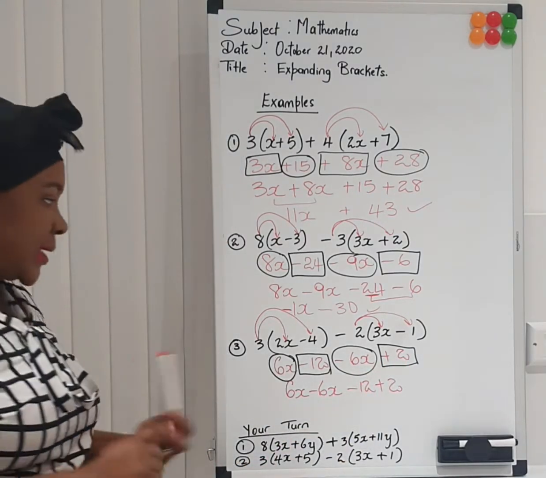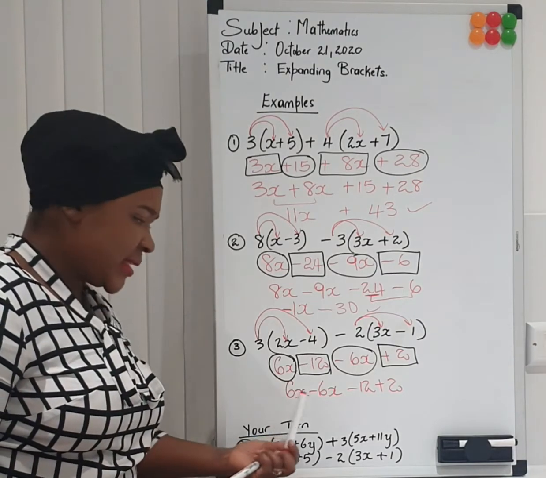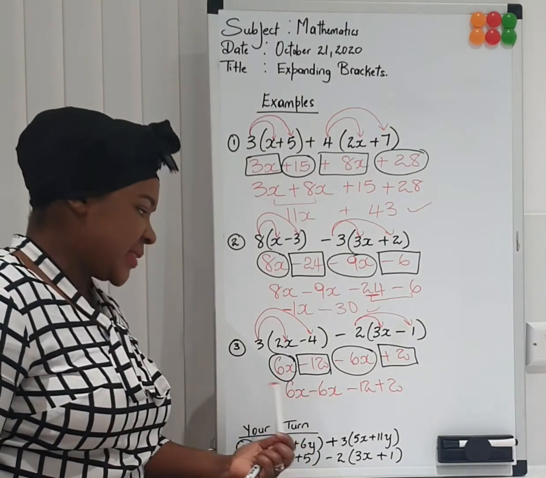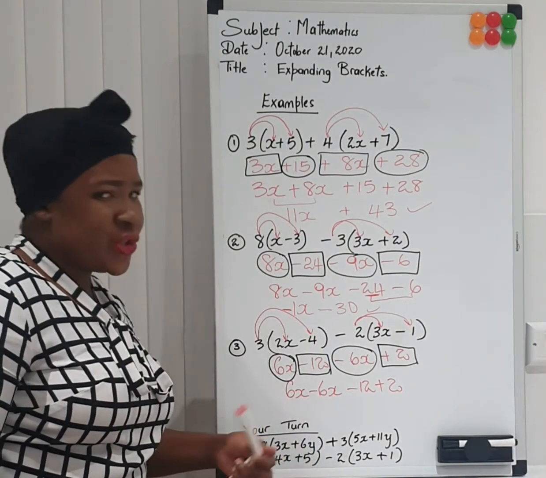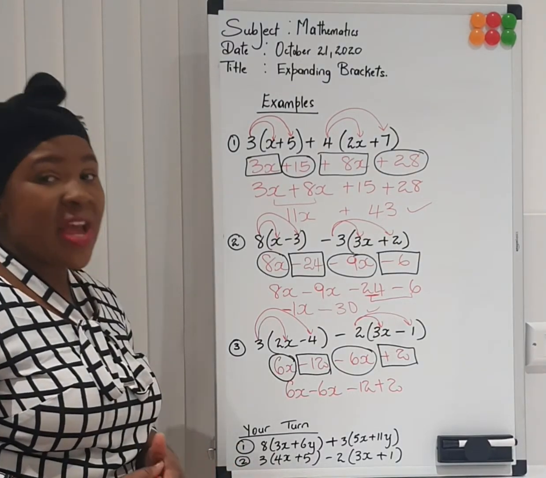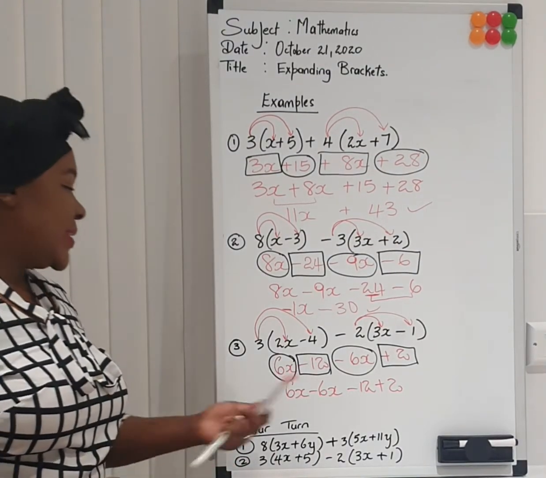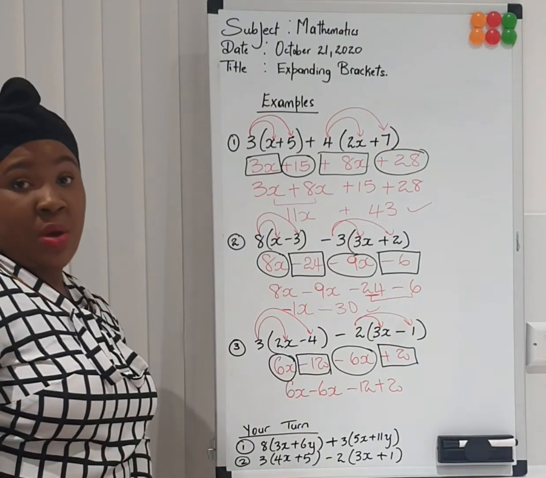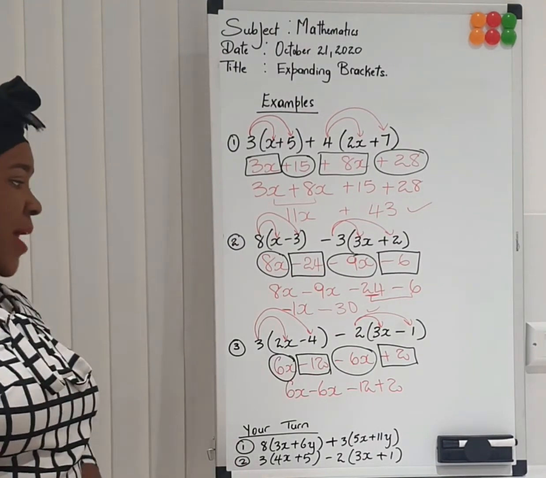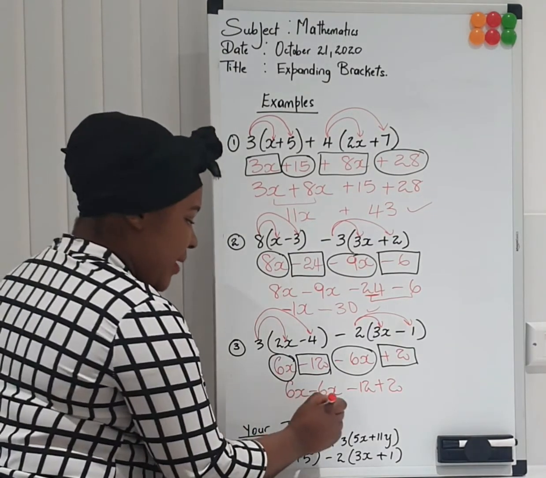Now look at it. Positive 6x, negative 6x. The signs are different. So what do you do when the signs are different? You subtract. 6 from 6, that's 0. What do I write down? Do I write 0x?